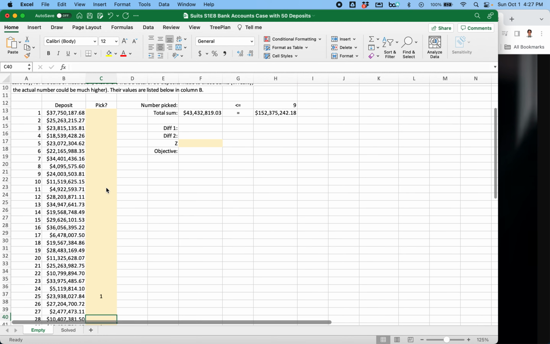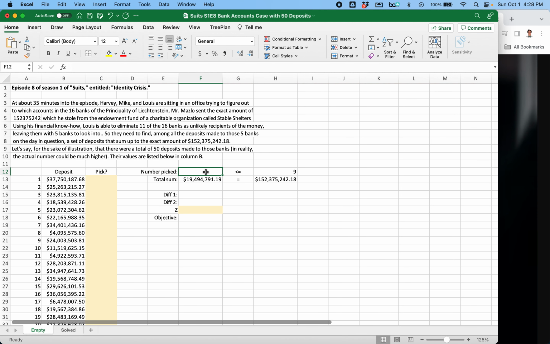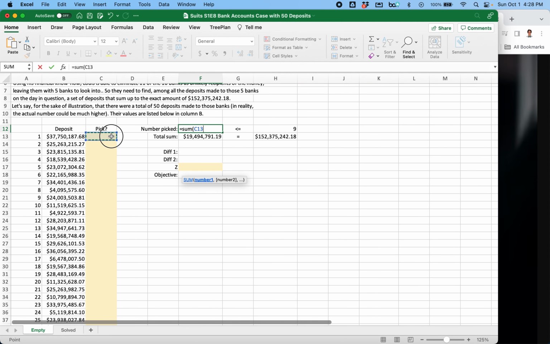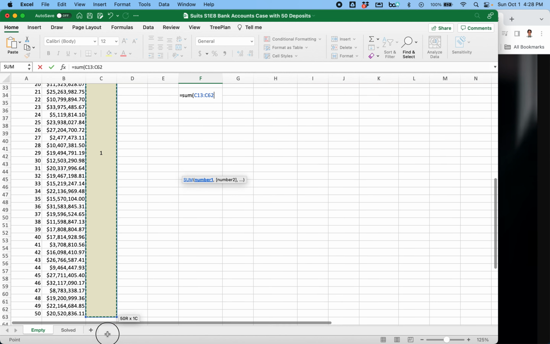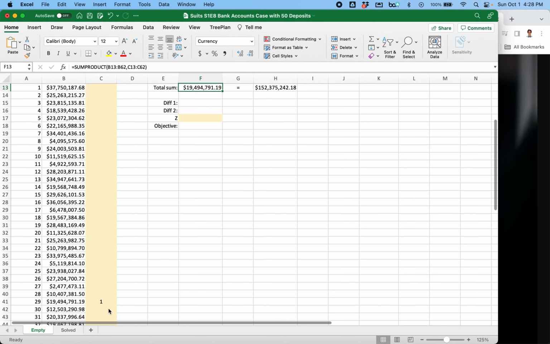Great. Now, to limit this search, I'm going to add an extra constraint and say, okay, probably there weren't more than 9 accounts or 9 deposits that can achieve this sum. So if I sum these yes/no variables, whenever you sum binary variables, you're basically counting how many of them are equal to yes.